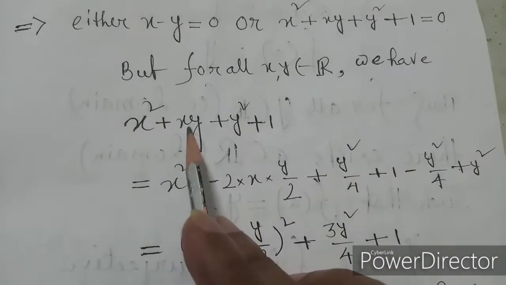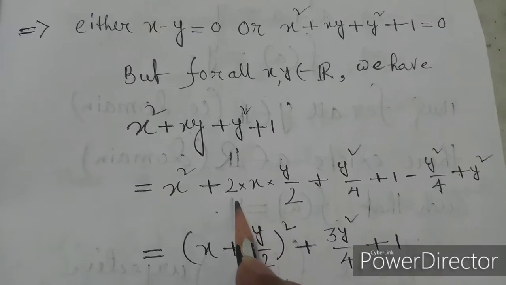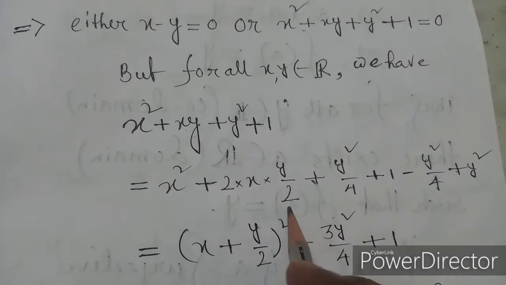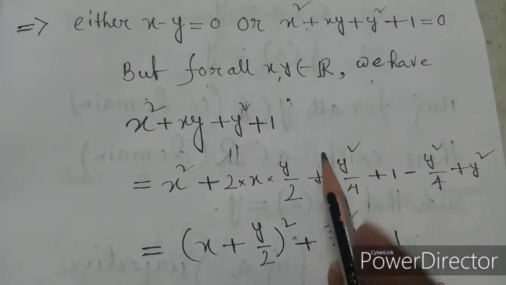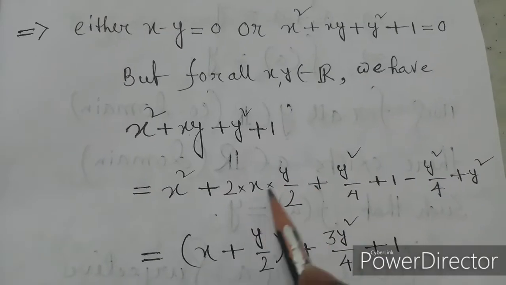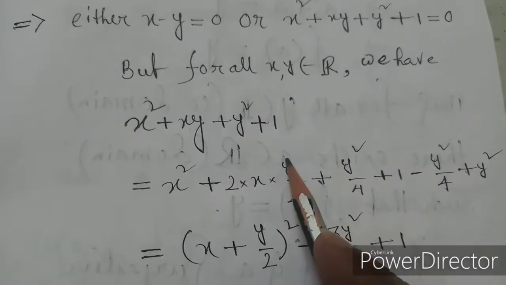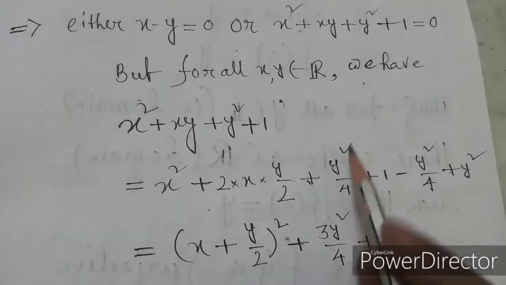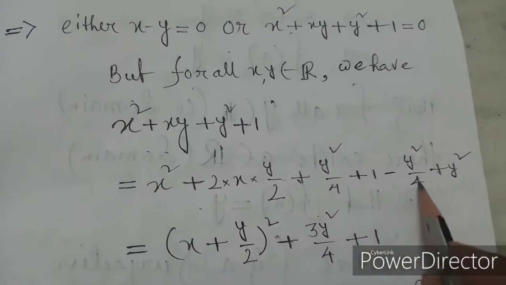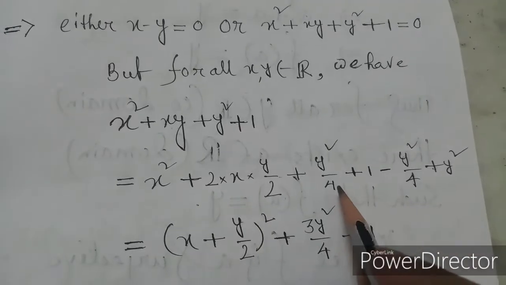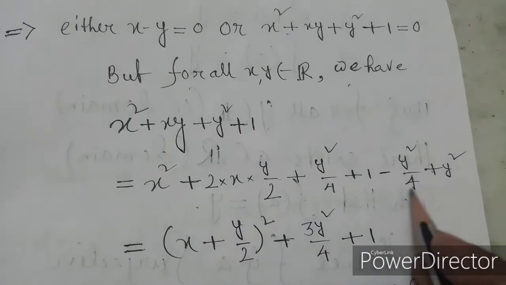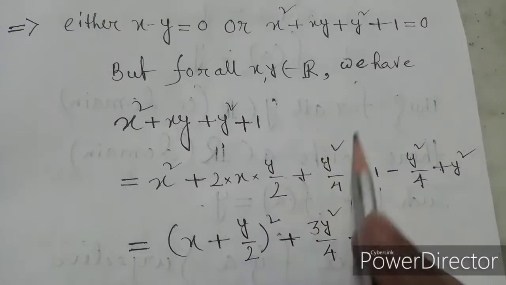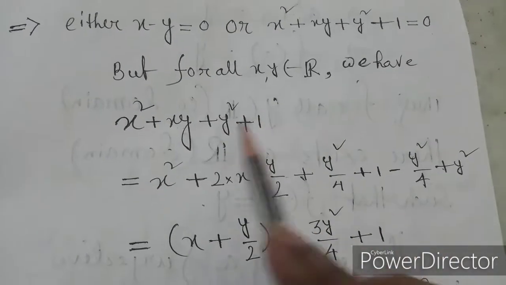So xy can be written in the form 2 into x into y by 2, plus b square, from the 2ab formula. So what is your b? y by 2. So b square means (y by 2) whole square, that is y square by 4. And there is the adjustment, plus y square by 4 minus y square by 4, and this is your plus 1 and this is your y square.